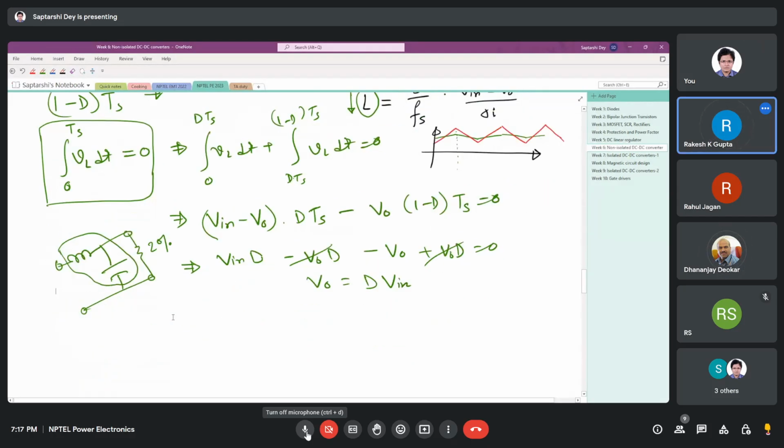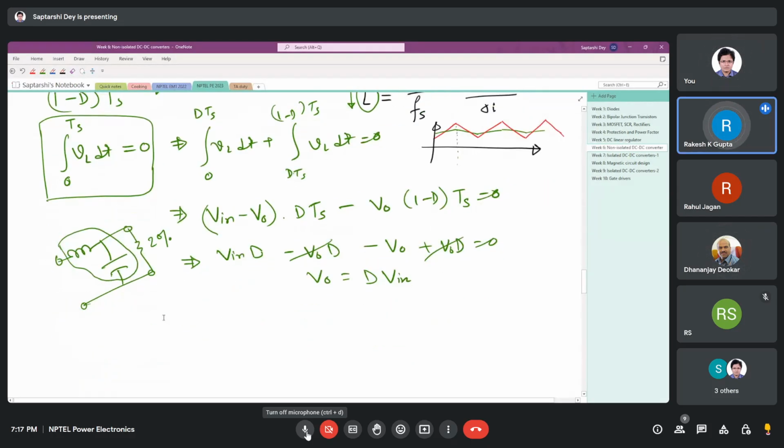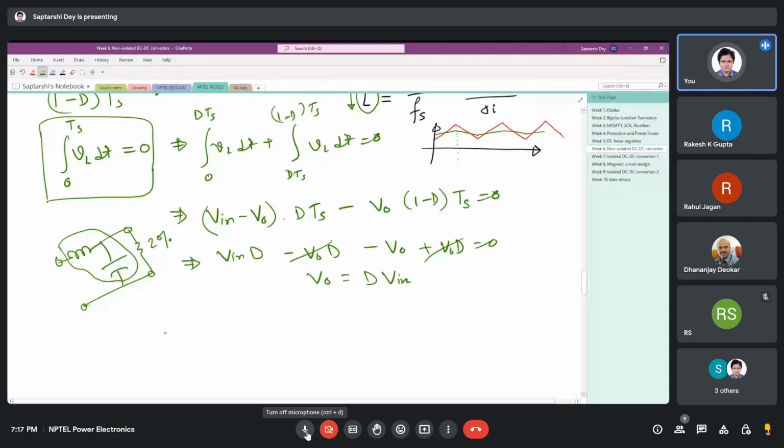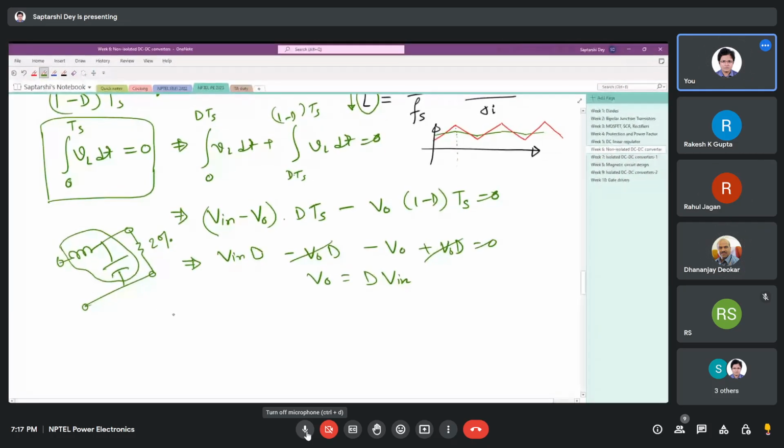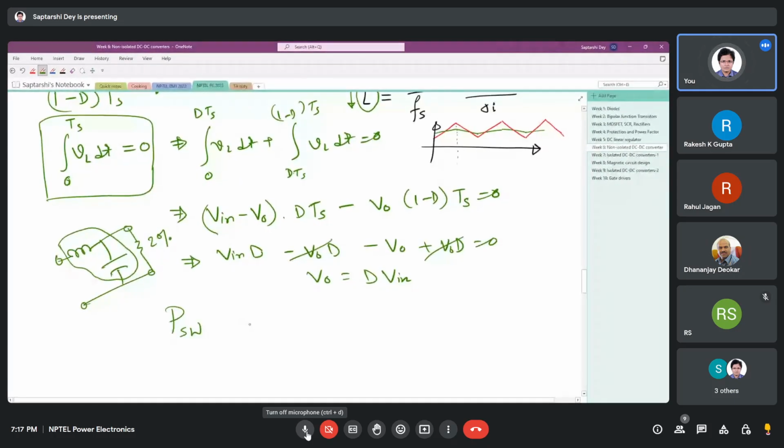But sir, by increasing the frequency, there will be more losses. Switching losses. I was about to tell that. We established in some lecture while solving some problem that switching loss is directly proportional to frequency.